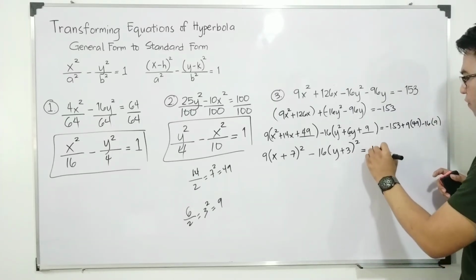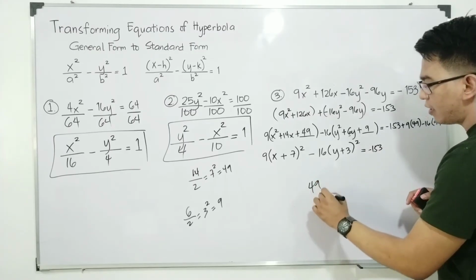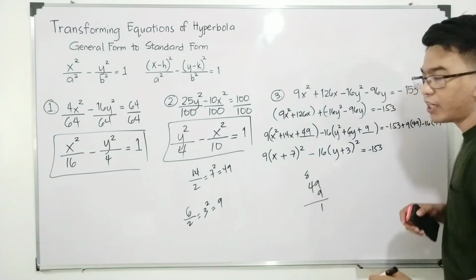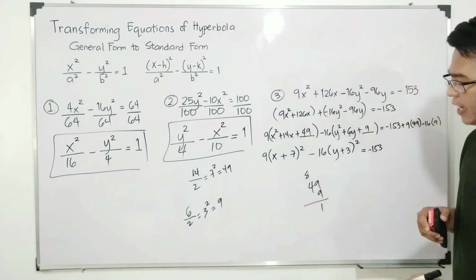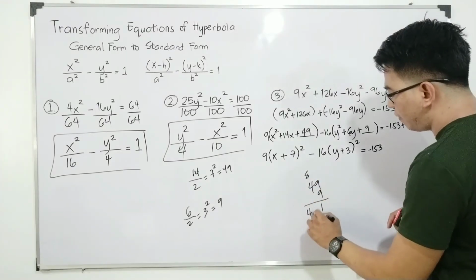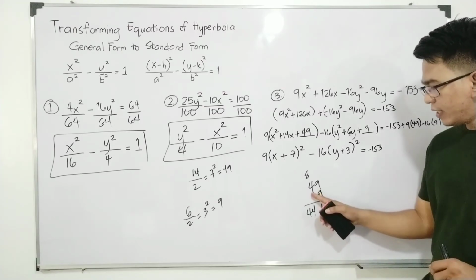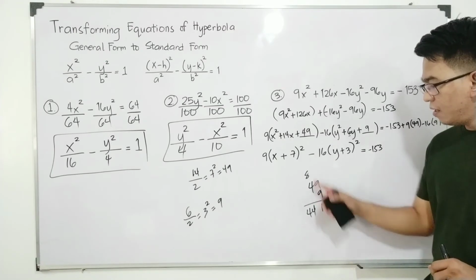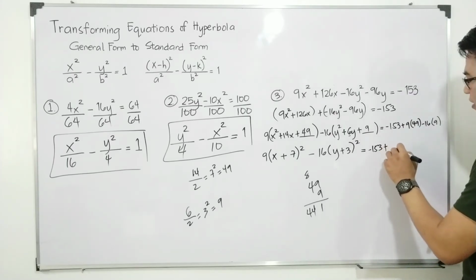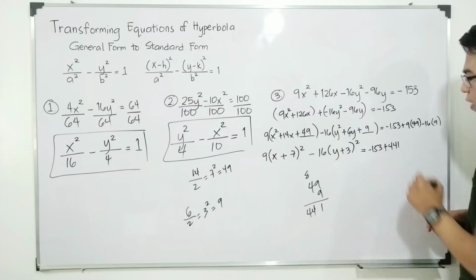As for this part, we need to simplify this. You have negative 153. At yung 49 times 9 natin is 81, carry 8. 9 times 4 is 36 plus 8, that is 44. Tama? Okay, this is plus 441.